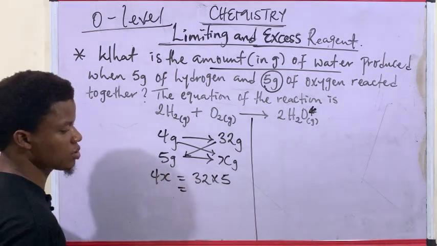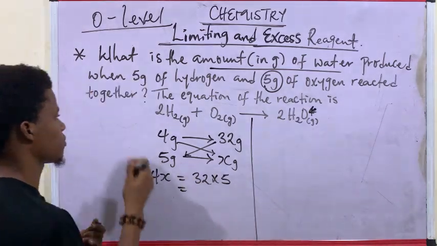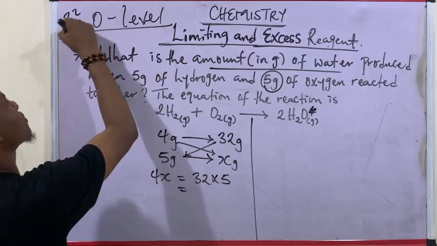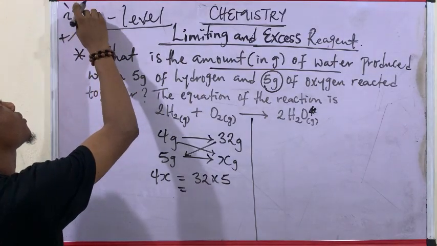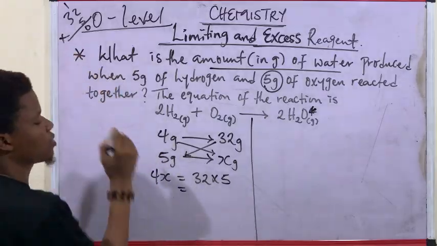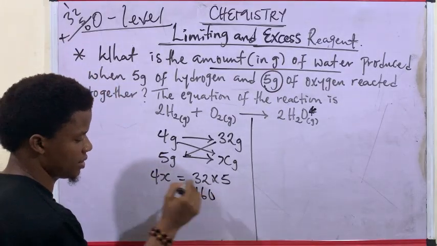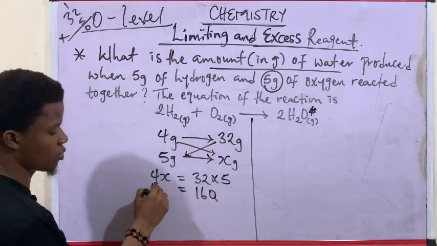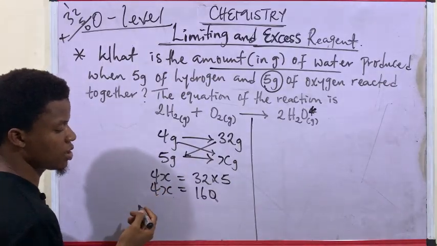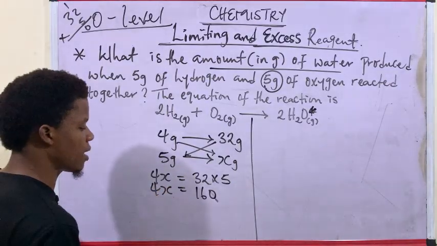So 32 times 5, that will give us 5 times 2 is 10. So put down 0, carry 1, 5 times 3 is 15, plus 1, 16. So we'll get 160. Then we have 4x. So at this point, what do we do? We divide both sides by 4.